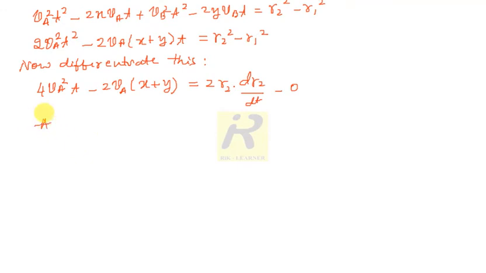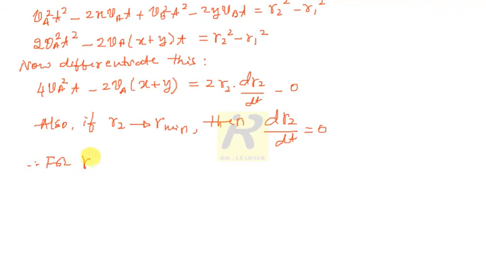Also, if R2 becomes R minimum, then dR2 by dt should be equal to 0. Therefore, for R2 minimum, I can simply assume that the right hand side total is 0.